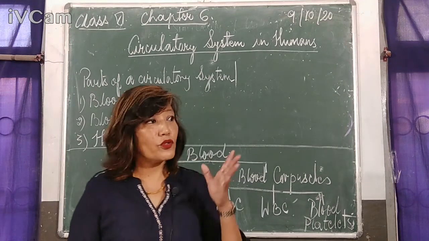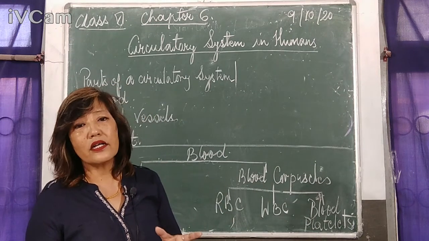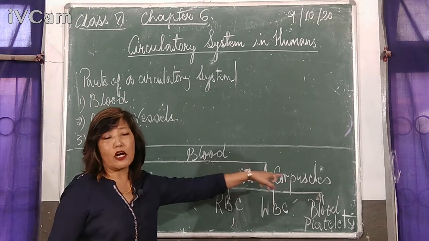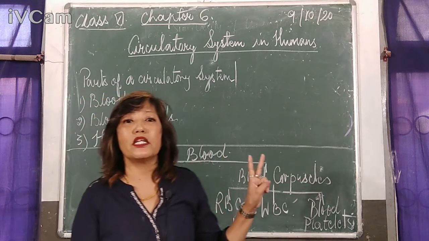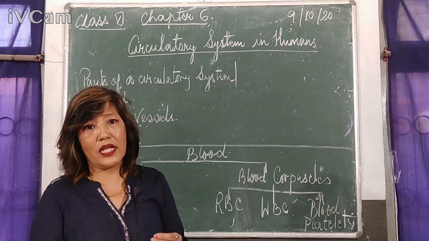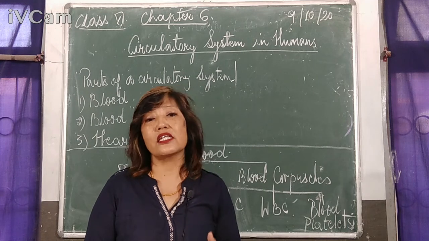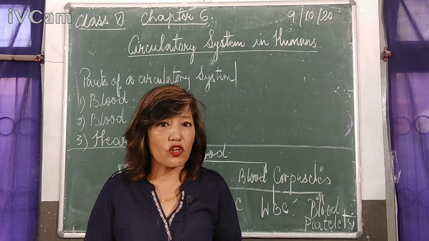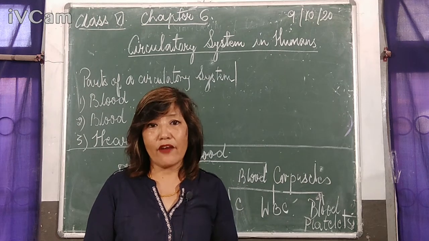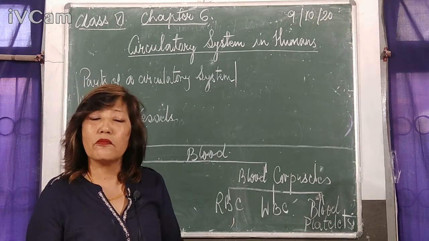And the different components of the blood are plasma and blood corpuscles. The two main components of the blood are plasma and blood corpuscles, and the main function of the blood is to carry oxygen, nutrients, waste products, and certain chemicals to each and every part of our body. So the human body on an average has about 4 to 6 liters of blood.